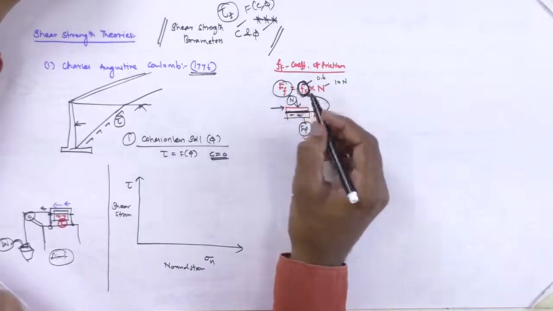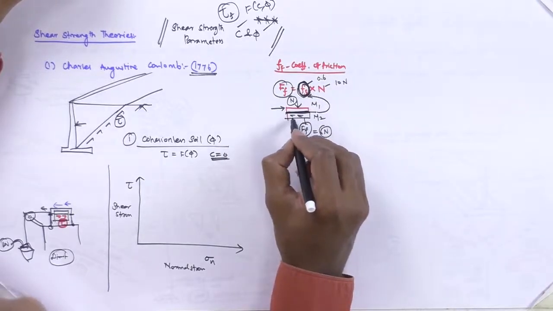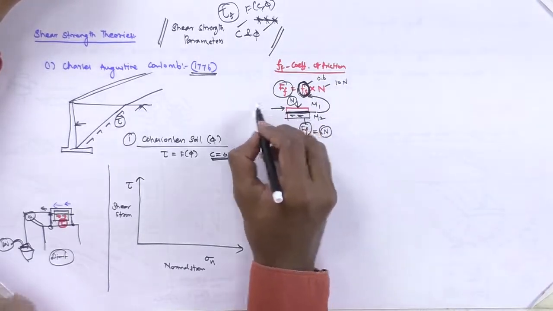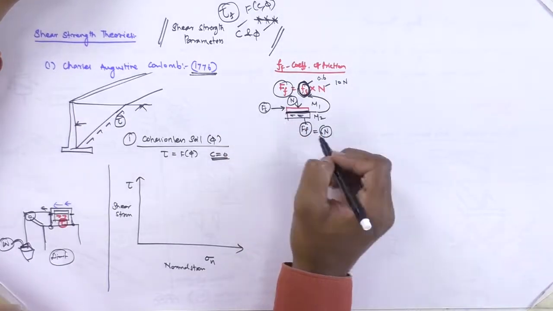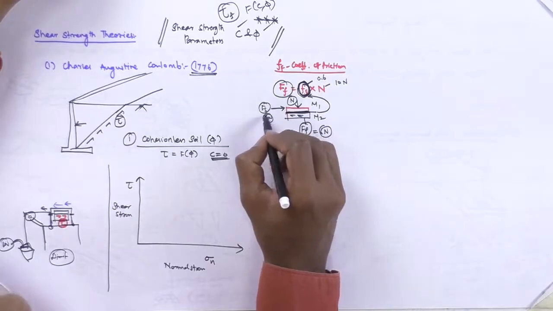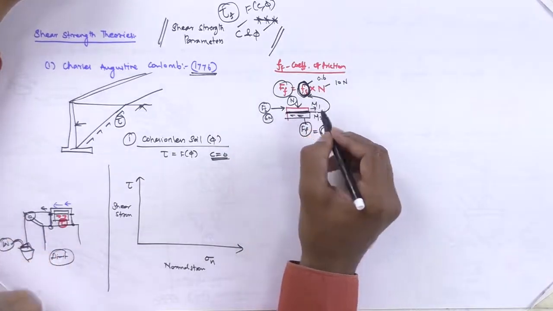The frictional force developed is 0.6 into 10, 6 Newton, the maximum friction force it can develop. So the force you apply in the shear direction, at least 6 Newton you have to apply in order to make material 1 move.